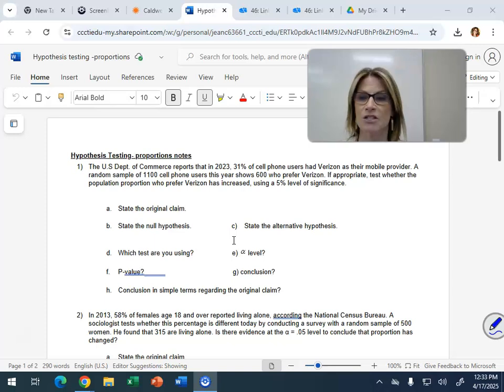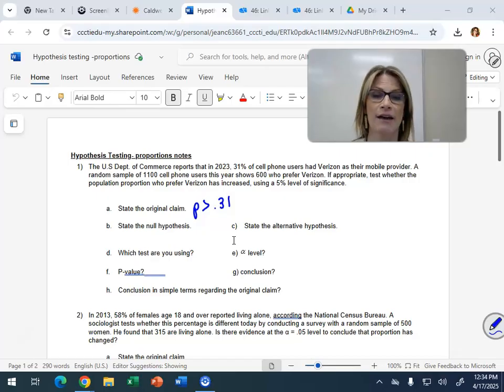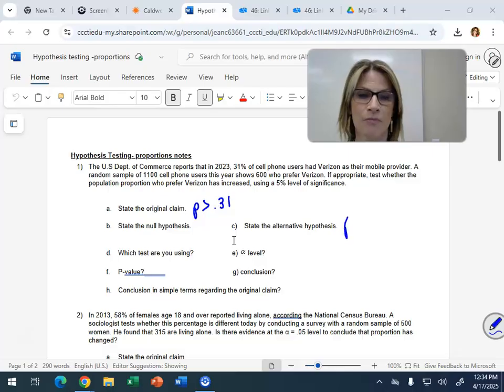If appropriate, test whether the population proportion who prefer Verizon has increased. That means more than 31%, so our proportion is more than 0.31. Since that does not have equality, that will be our alternative, more than 31%.